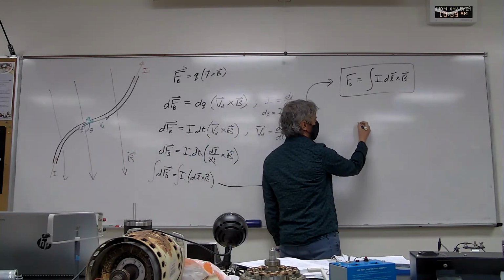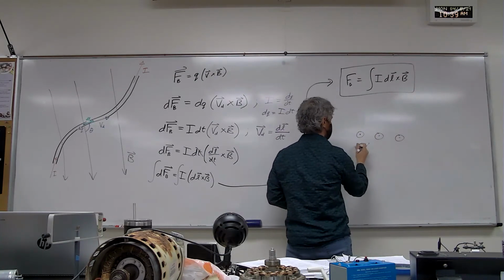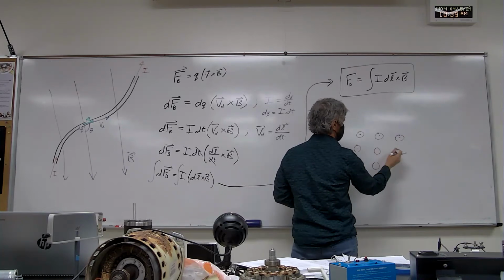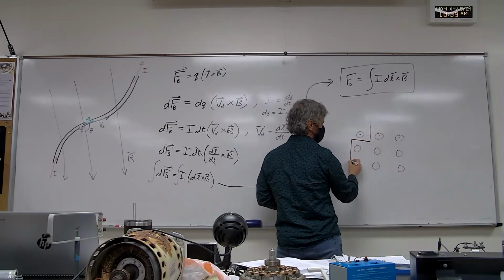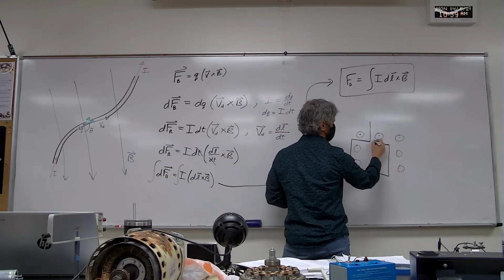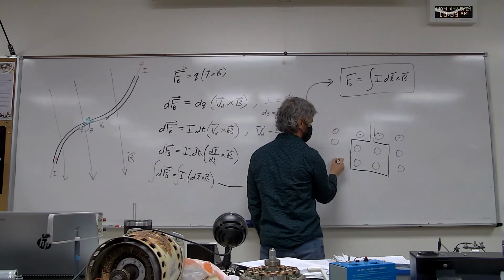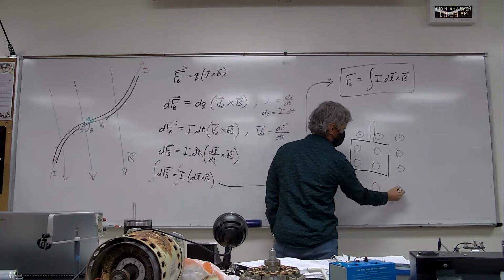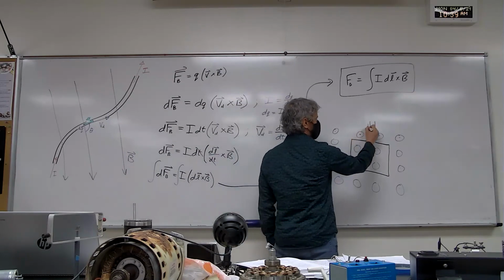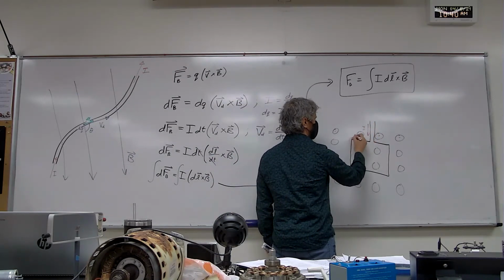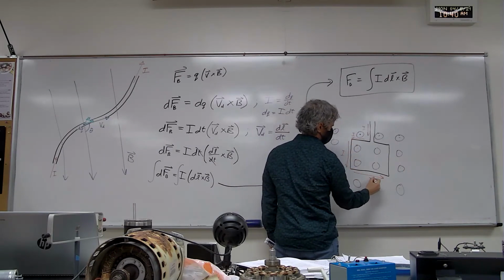For us, it's going to be square loops of wire, right? So if you have a magnetic field coming out of the board, and you have a wire that looks like this, this is going to be our basic electric motor. If I was to indicate the direction of the current through this, it might be coming down here, going over here, down here, over here, right?